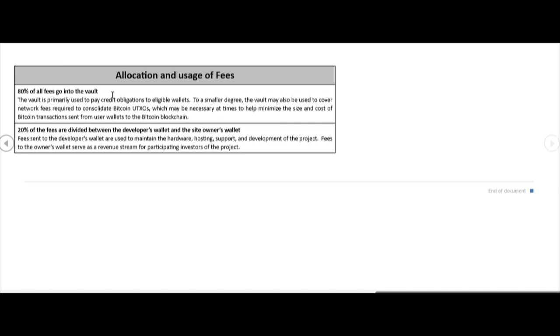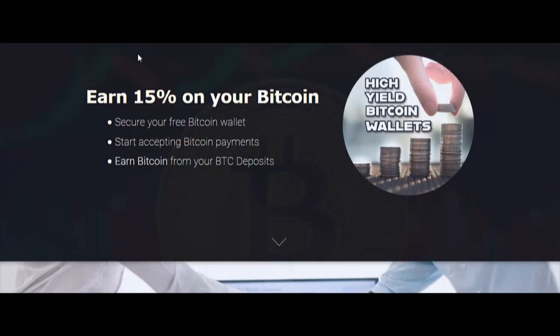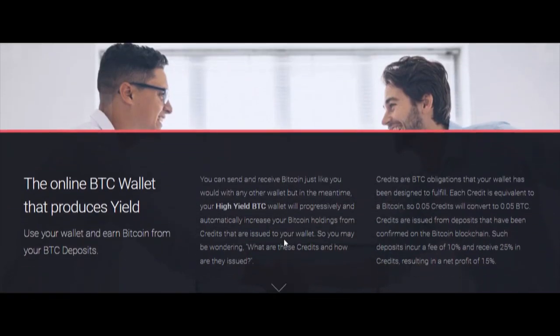And of all these fees, 80% goes into the vault. The vault is primarily used to pay out credit obligations to eligible wallets. Again, look at the documentation on the home page. That's all these credits are. It's just a systematic way to track how much the system owes you.